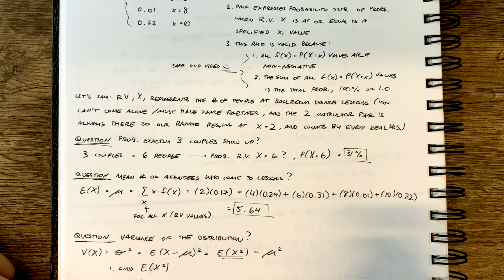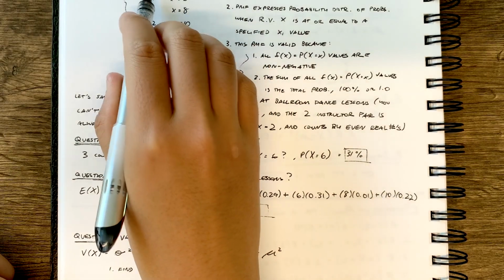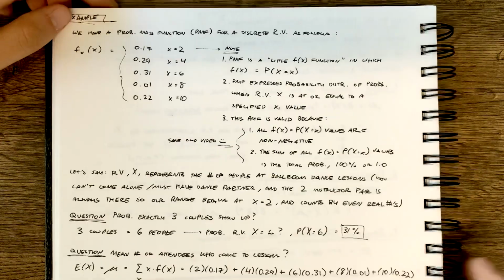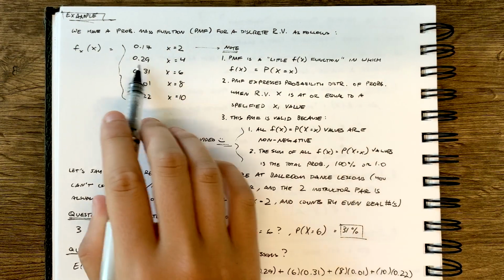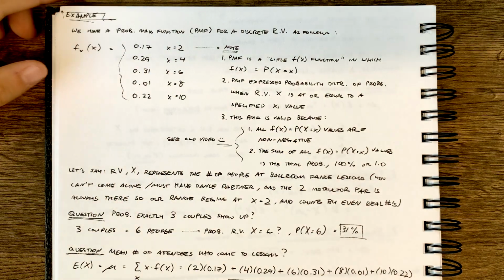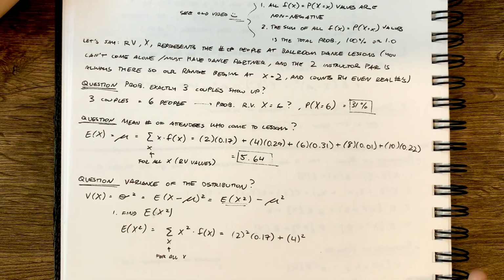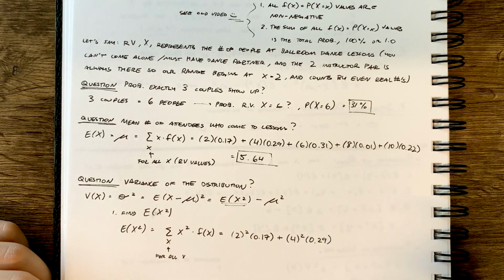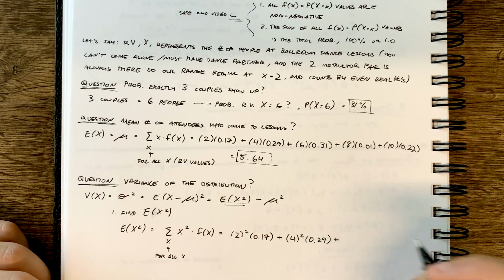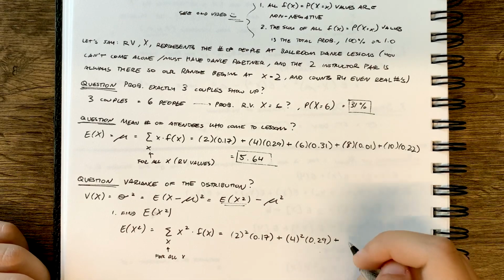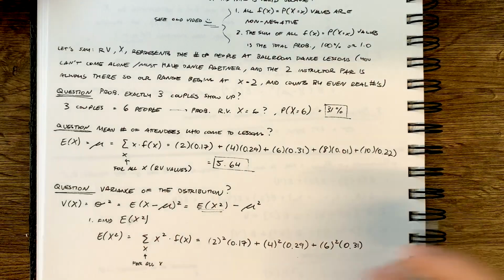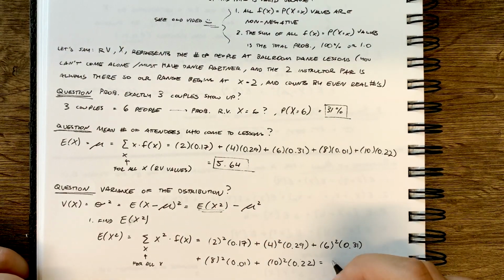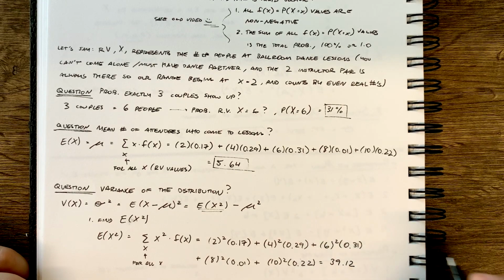So for our first component, we have x equals 2, we square this value, and we multiply it by its respective probability, 0.17. We do this for the next component, in which our random variable value is equal to 4. We square that value, multiply it by its respective probability, 0.29, and we do this for each component. Just solve this out and we'll find that it's equal to 39.12.